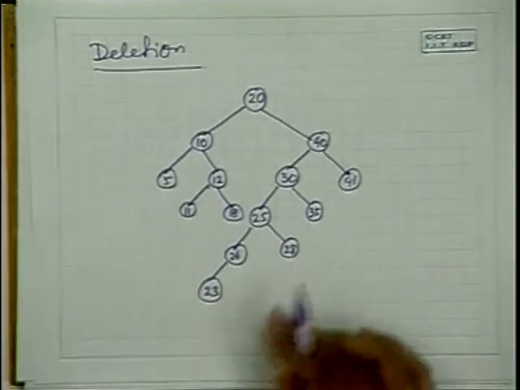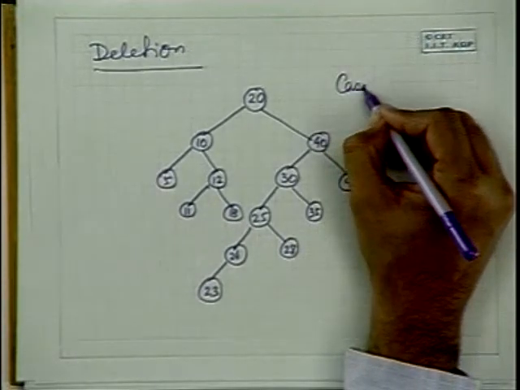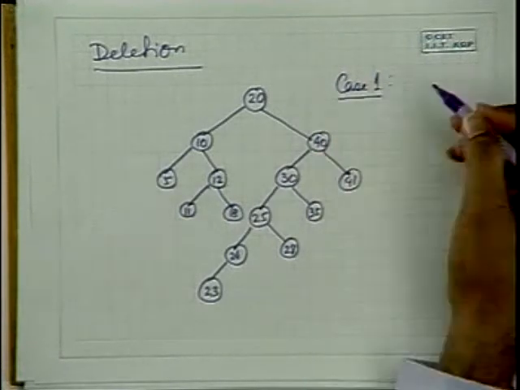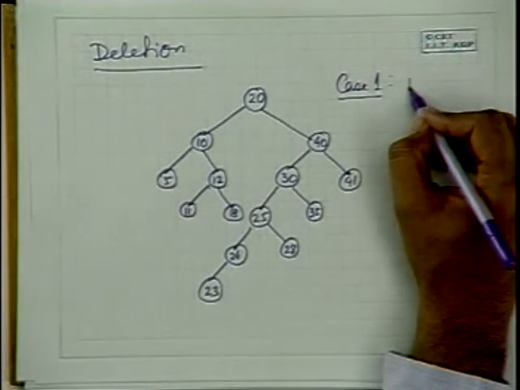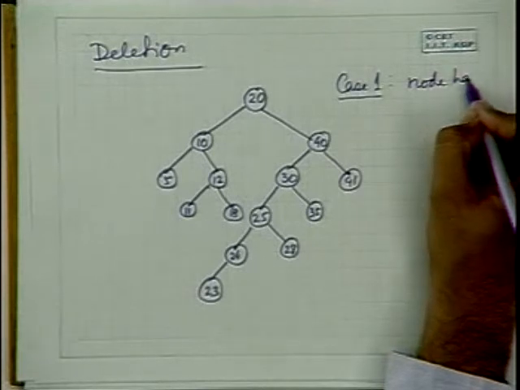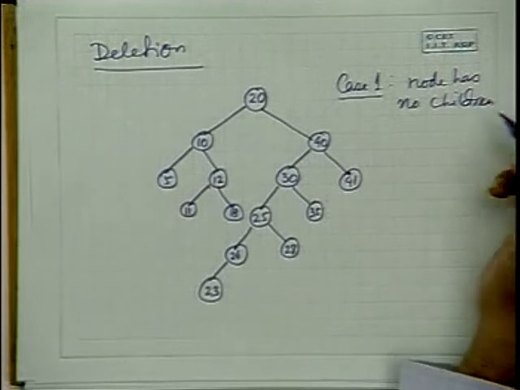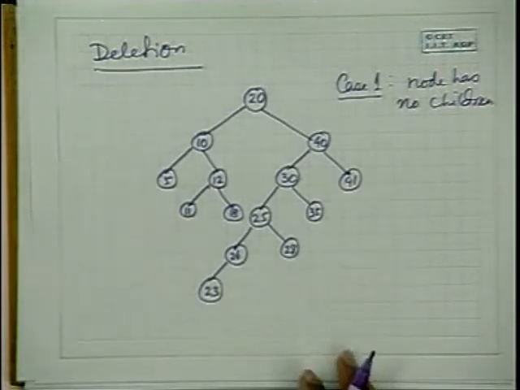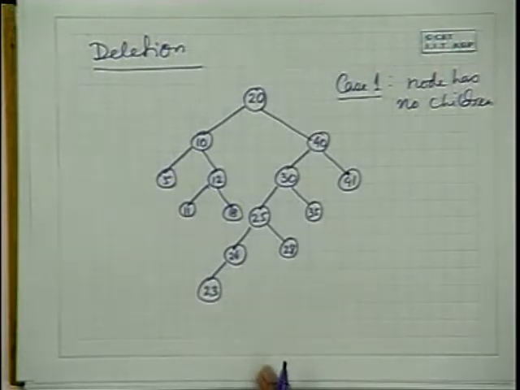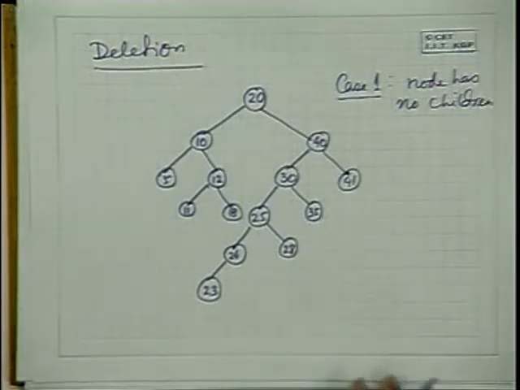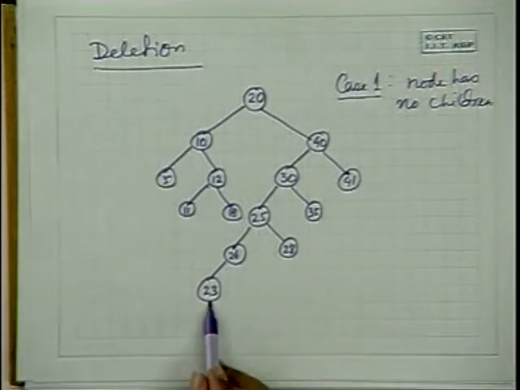Now there are several cases. Case 1, the node to be deleted has no children. According to our notation, it has children, but both children are empty. Let me take something like this, say 23.